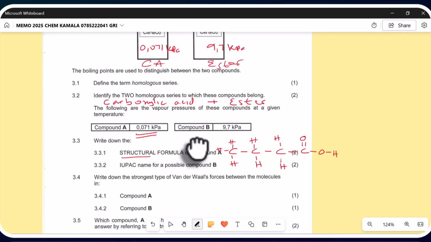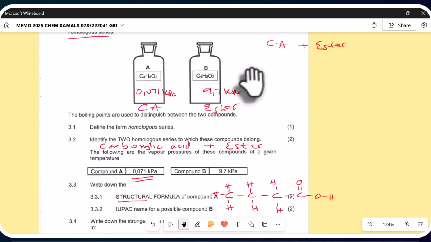For the methyl propanoate, the methanol was the alcohol, okay, propanoate. Choose any of these three, they're all correct, because the question said a possible one, so we choose any of the three. Okay, let us proceed here.